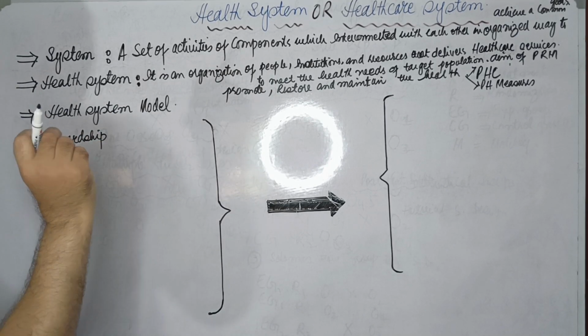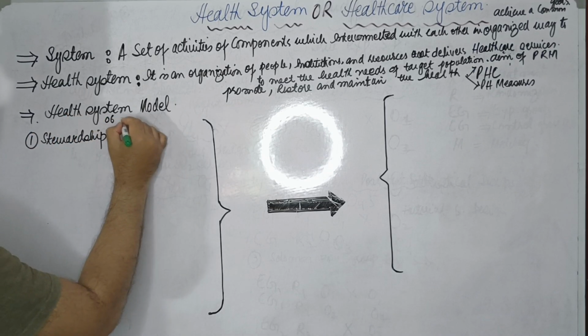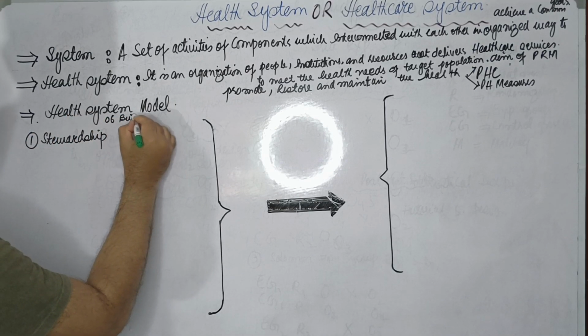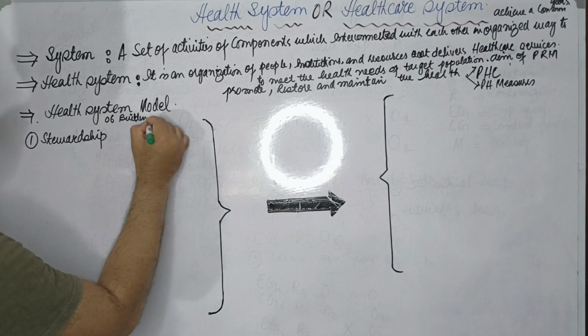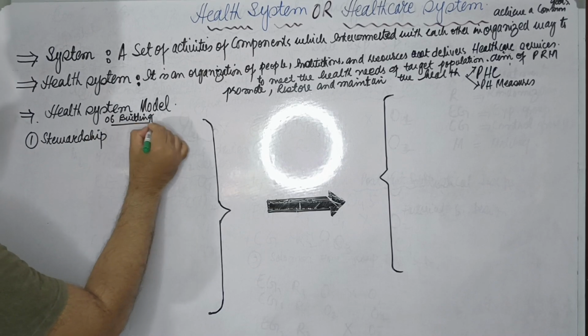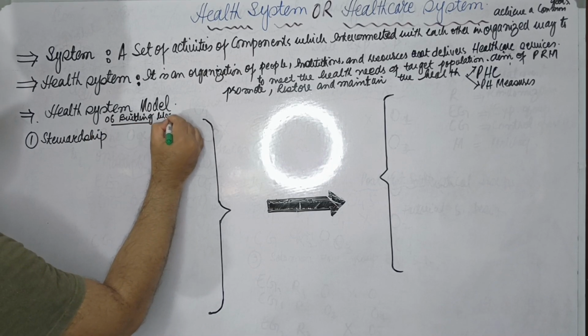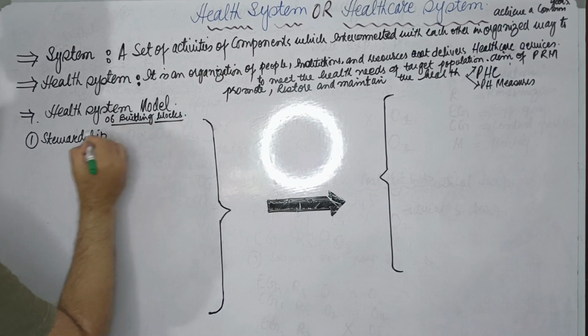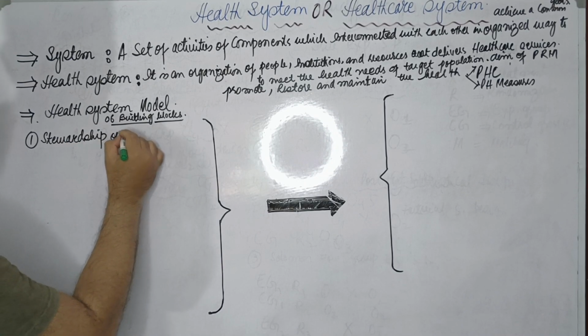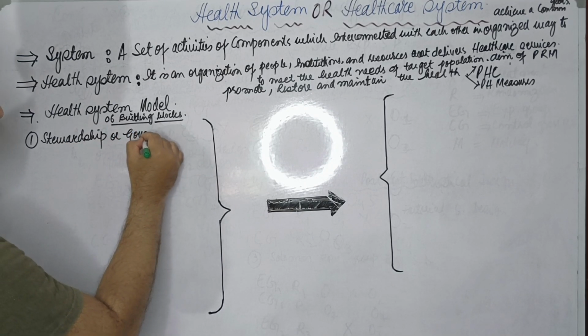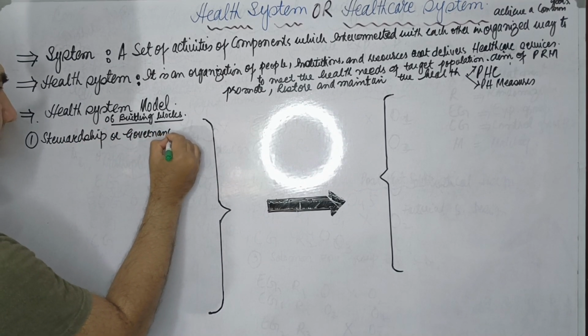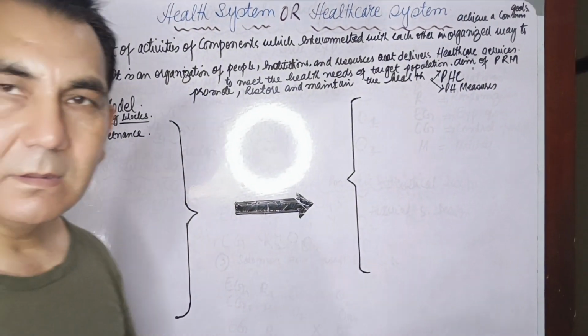The first of the six building blocks of the healthcare delivery system, the health system, is stewardship, or you can say governance.